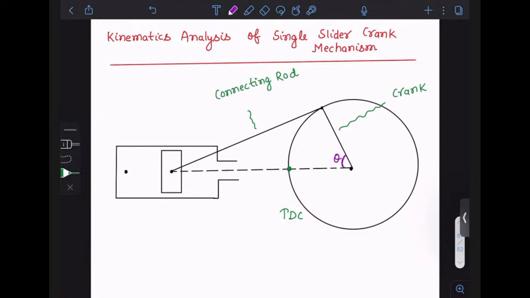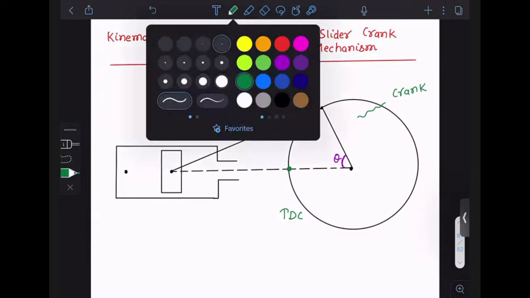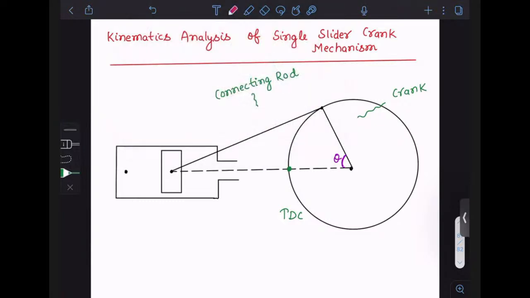Theta. Now see, this is the theta, and this is the length. The length is L, and this is your radius R, correct?